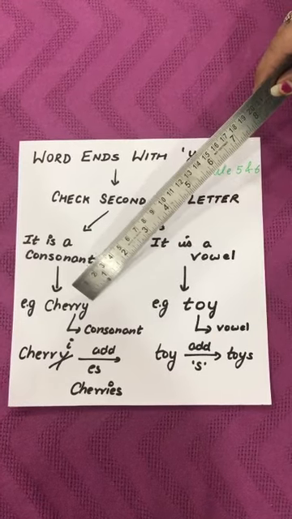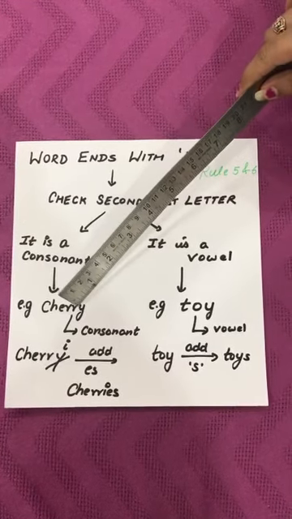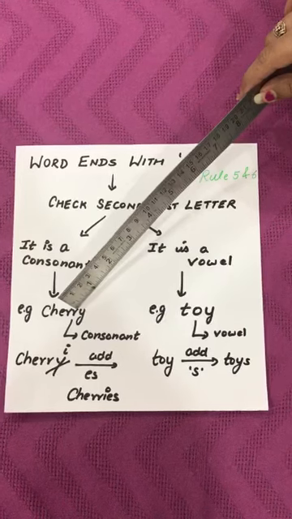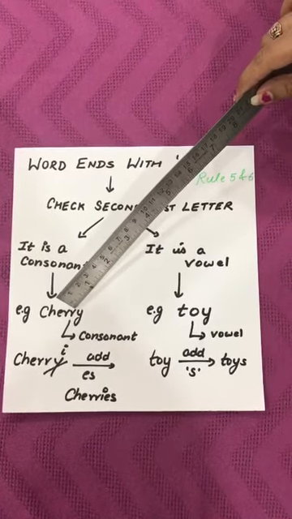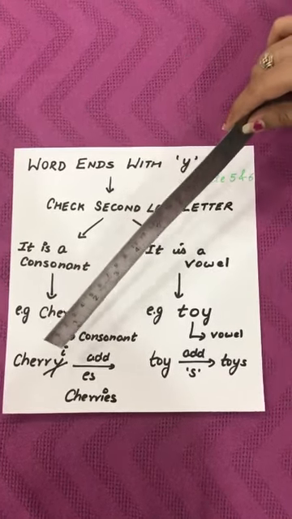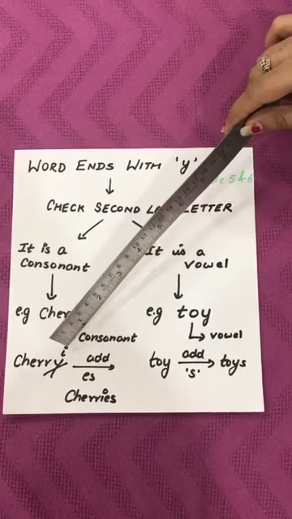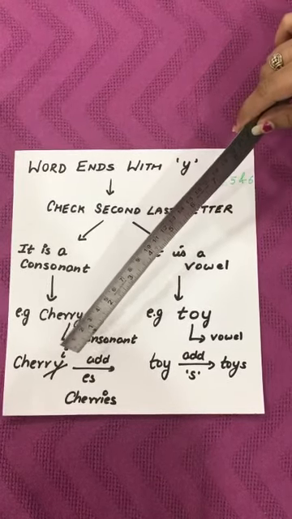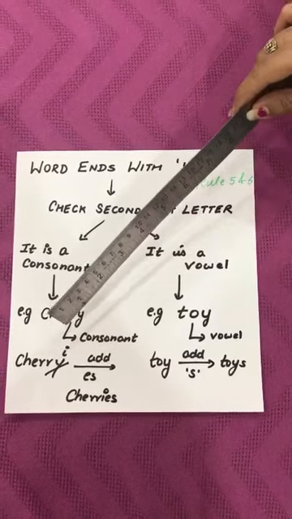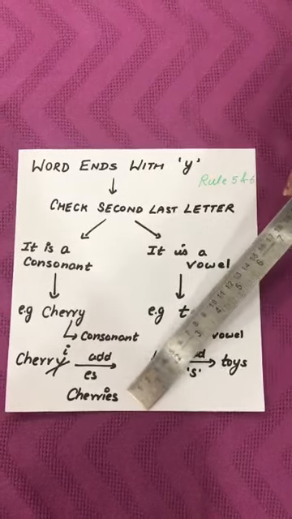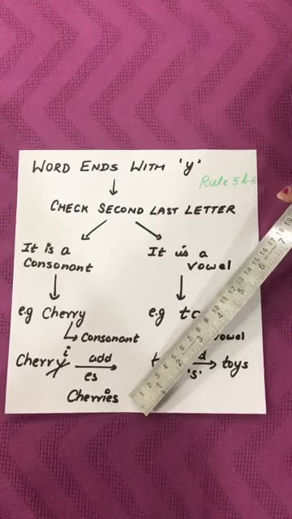The second last letter of the word is r. Now r is a consonant. So what are we going to do? We are going to replace the y with the letter i and we will add an es to it. So the word cherry becomes cherries in the plural form.